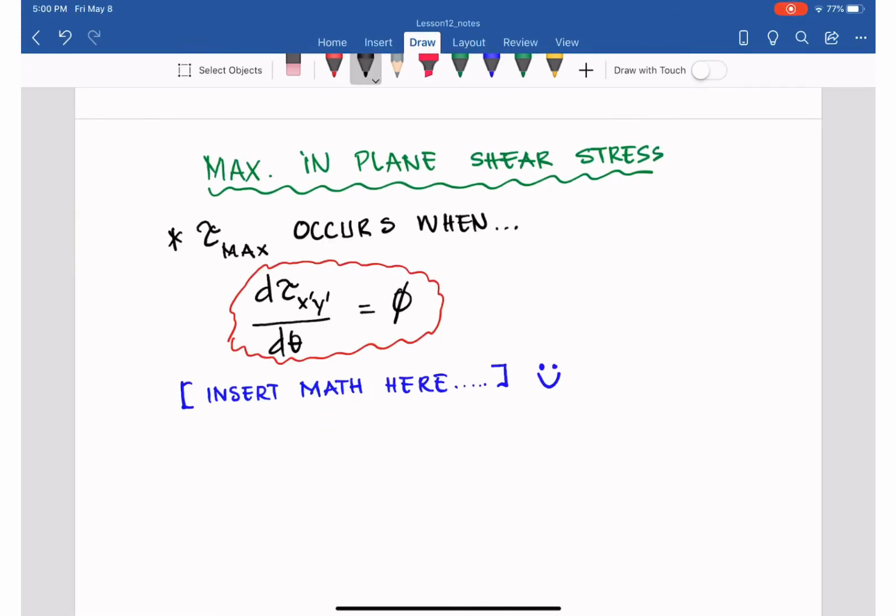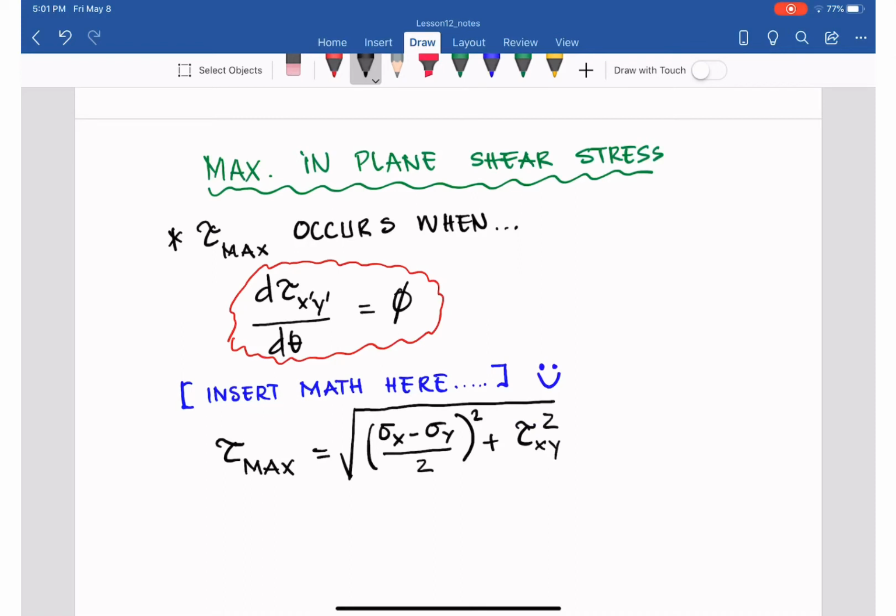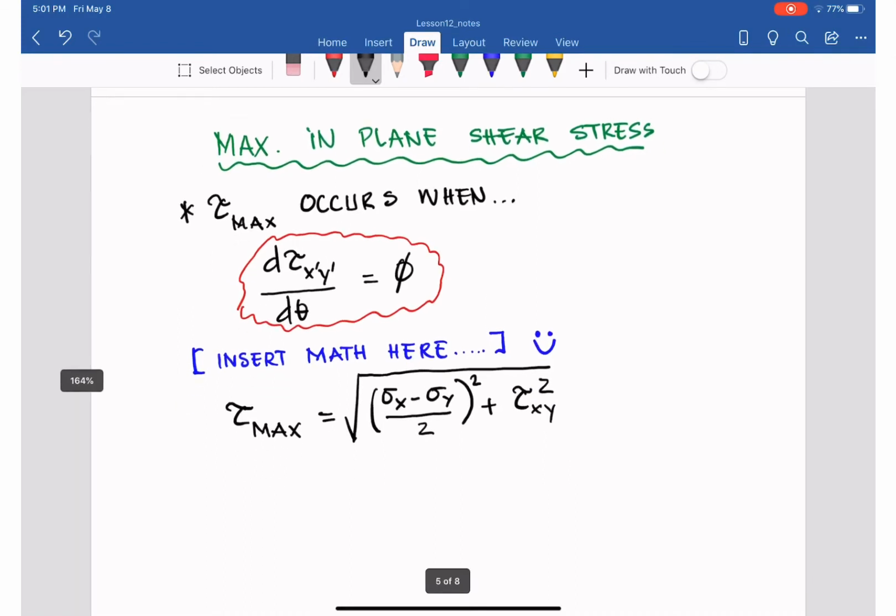After you insert your math or read the book, we can see that tau max equals the square root of ((sigma x minus sigma y) over 2) squared plus tau xy squared. And that is in x and y.